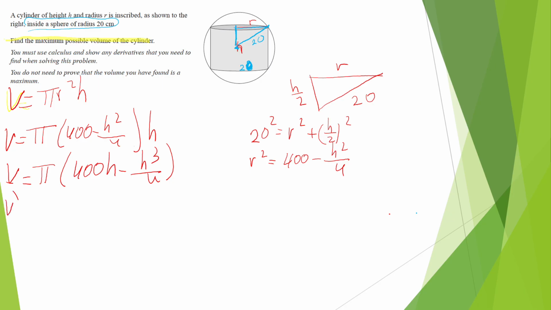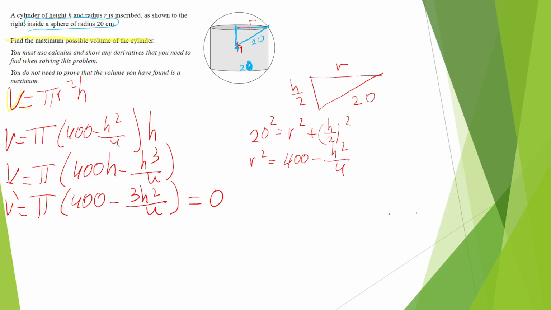Now I can differentiate nicely. The pi stays because it's a constant, and this gives 400 minus 3h squared over 4. Because I'm finding the maximum, I make this equal to 0 and find the value of h.